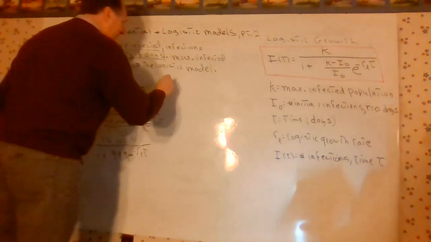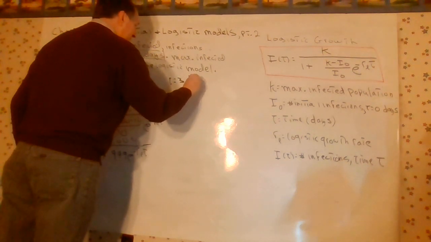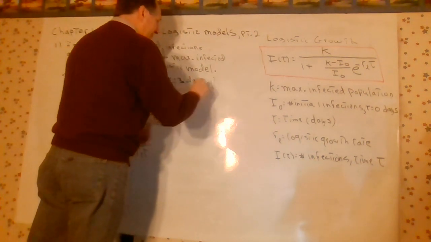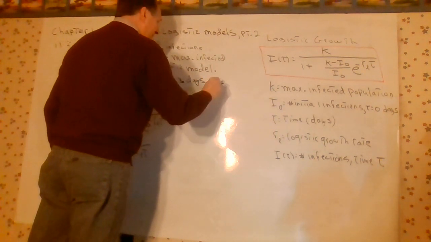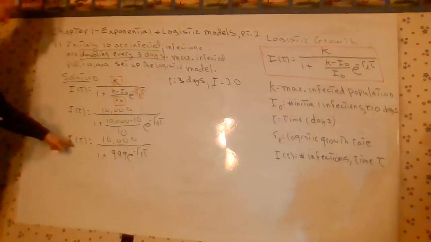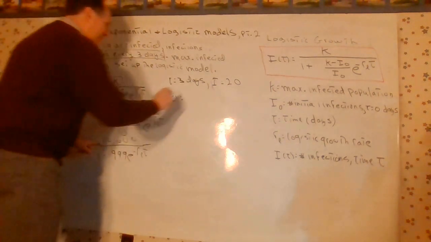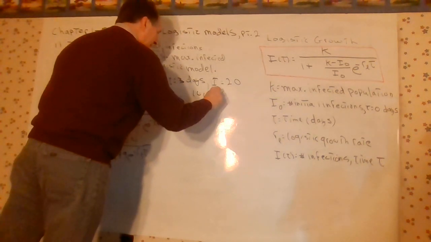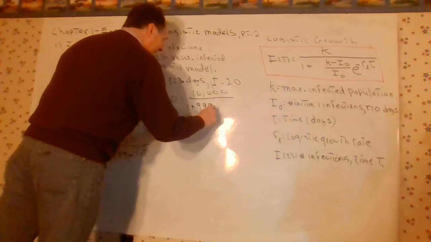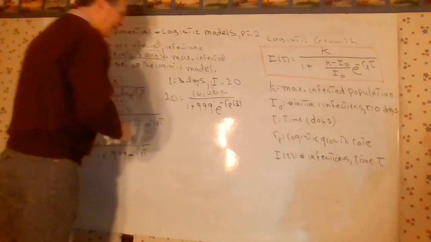In 3 days, when t is 3 days, our infected population is equal to 20. So we can substitute. You get 20 is equal to 10,000 over 1 plus 999 e to the minus R_L times 3.